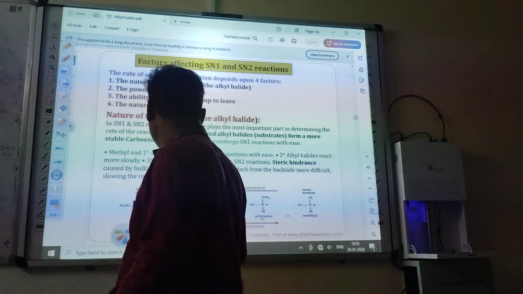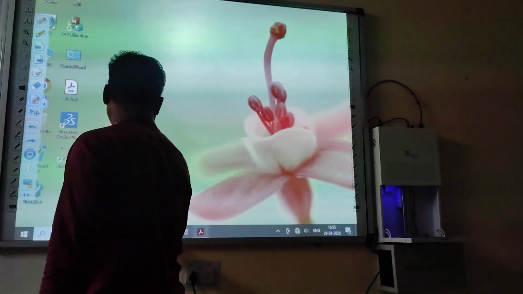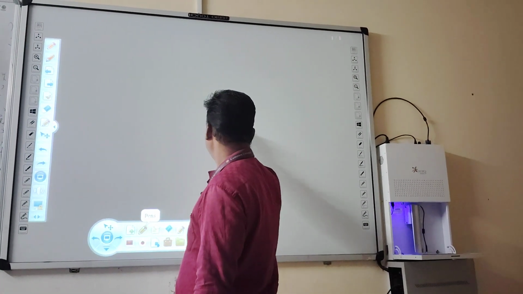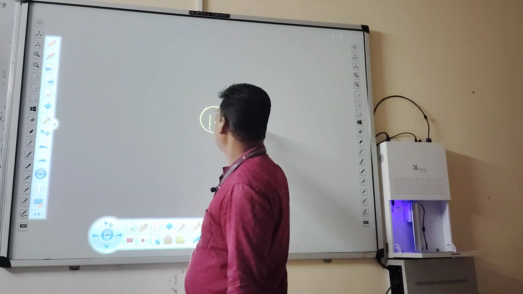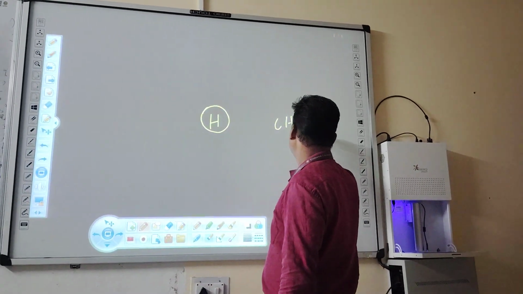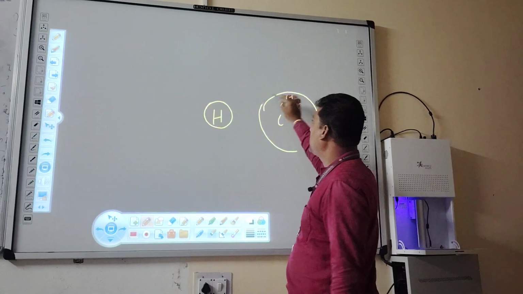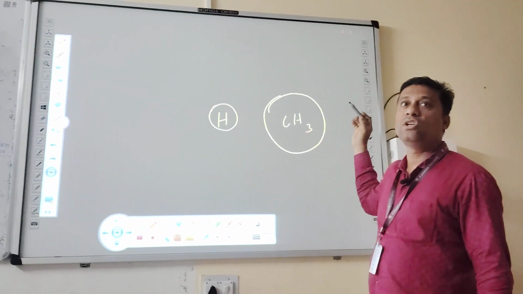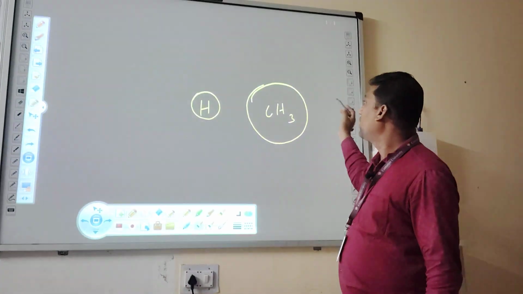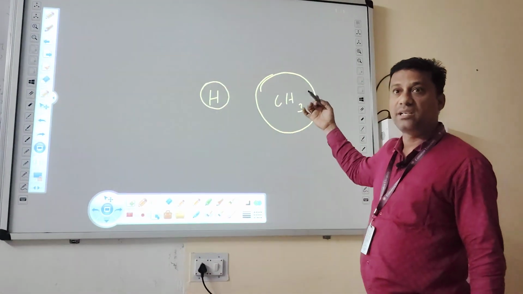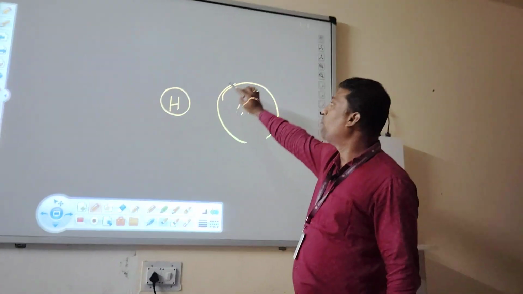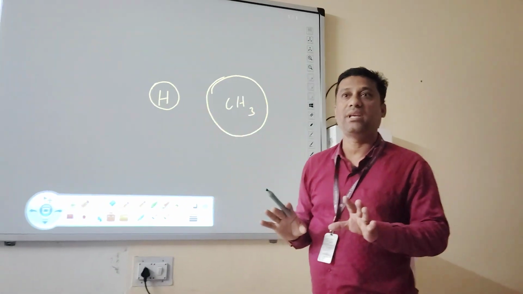For example, the hydrogen is a very small atom, but the methyl group is large enough, and it will provide the steric hindrance. The nucleophile cannot reach the central carbon because they make the place more crowded.